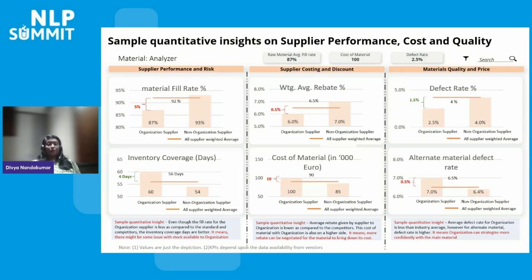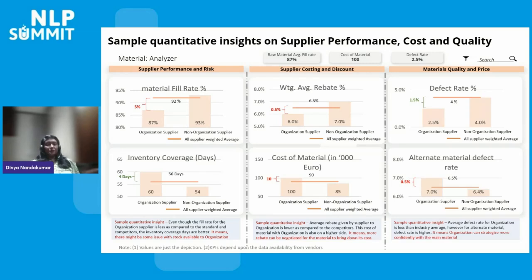Still, there is a gap of 5% as highlighted in red here. So that means there is room for improvement when it comes to the supplier performance and risk for your organization. In the next row, below the supplier performance and risk, you can see a KPI which is called inventory coverage.